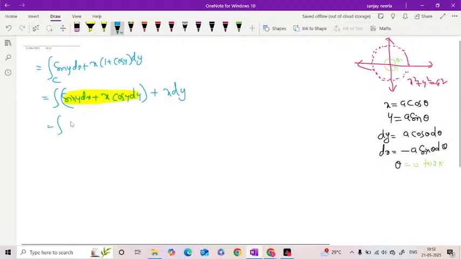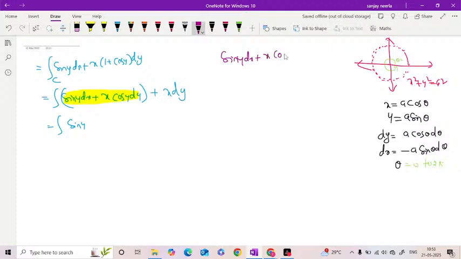So I write sin y dx plus x into cos y dy as x into the derivative of sin y plus sin y dx.